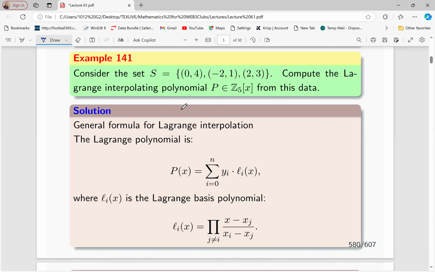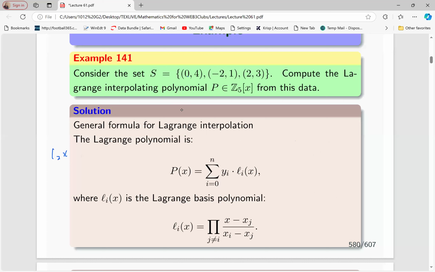So L2 of x, therefore, becomes x minus 0, then x minus 1, over 2 minus 0, then 2 minus 1.